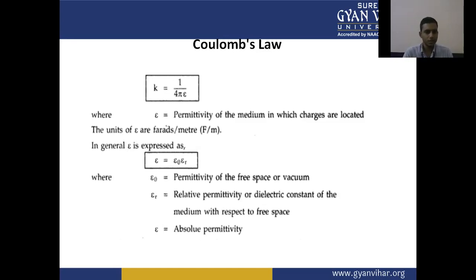So this is the relationship between epsilon, epsilon naught, and epsilon r, where epsilon is the absolute permittivity, epsilon r is the relative permittivity and epsilon naught is the permittivity of free space or vacuum.